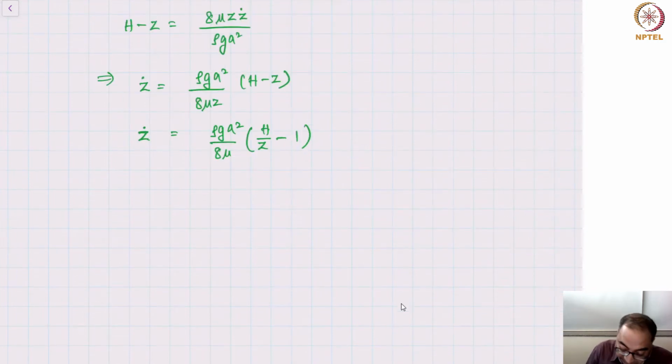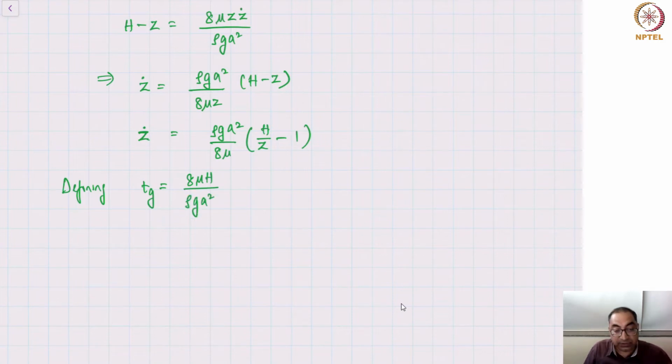Let's define a new time scale here. Defining a time scale t g, which is going to be a balance of viscous forces to gravitational forces, that will be 8 mu h by rho g a square.